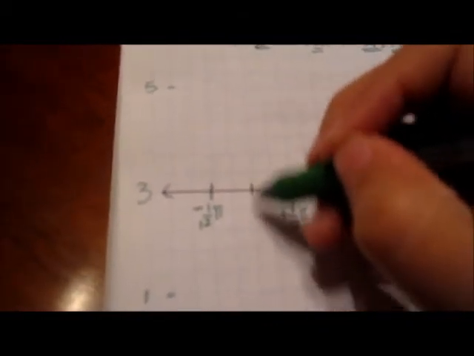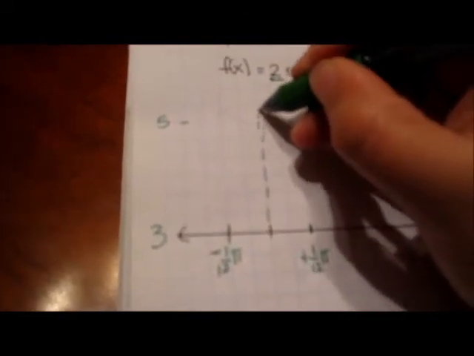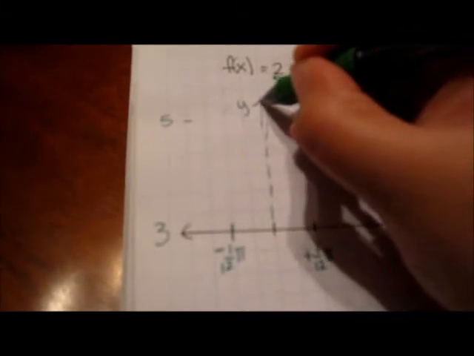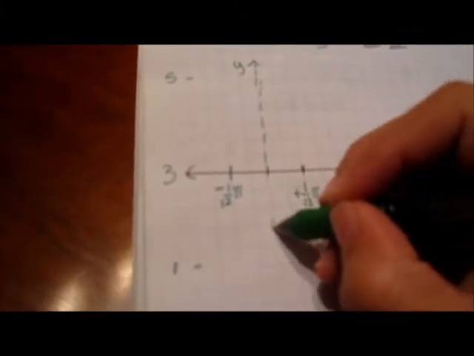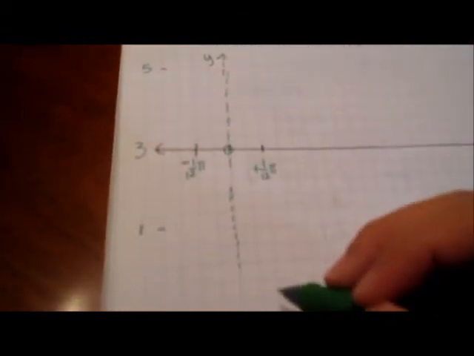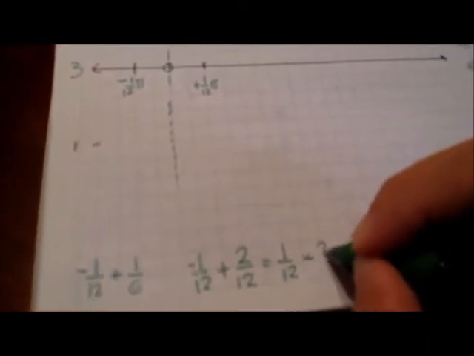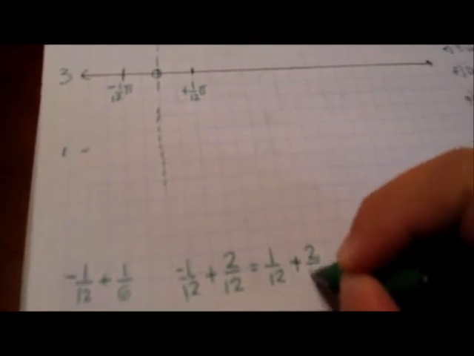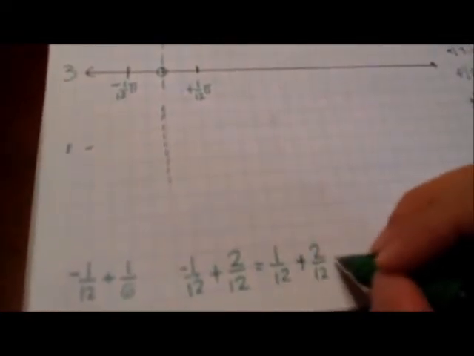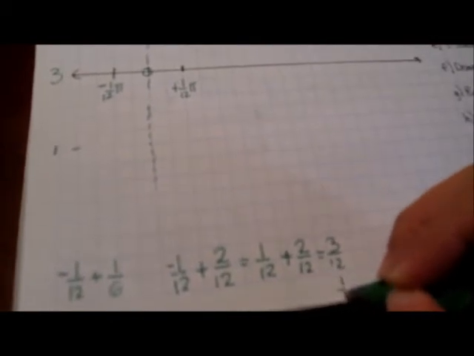Why do I write this one? Well, this is going to be my y-axis, where x equals 0 and y equals 3. Then I need to add 2/12, and 2/12 plus 1/12 equals 3/12, that equals 1/4.